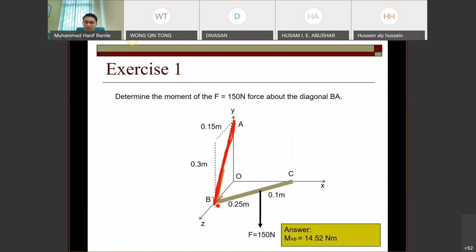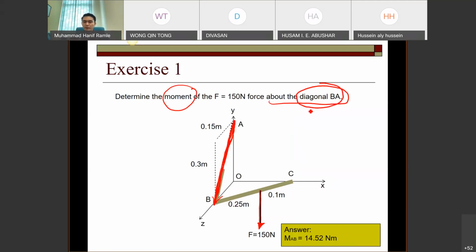And the force is located here. Then the question is to find the moment. The question does not mention a moment about a point, but only states the diagonal BA.